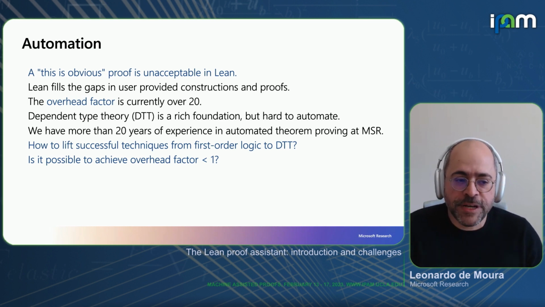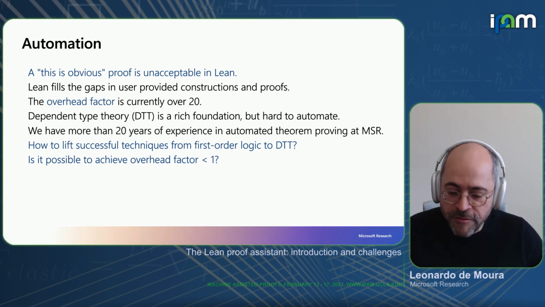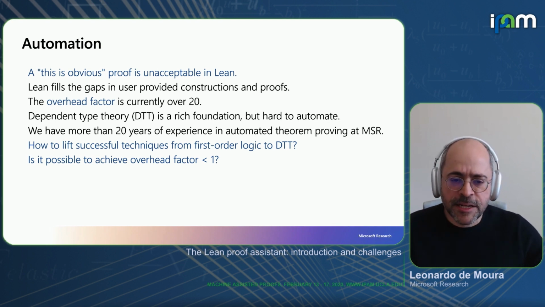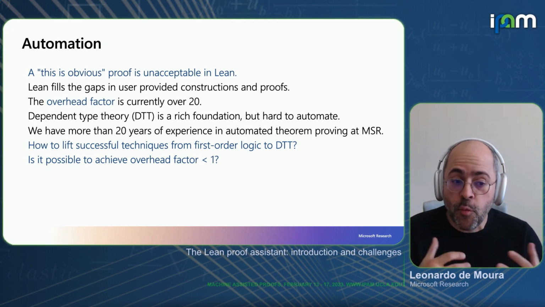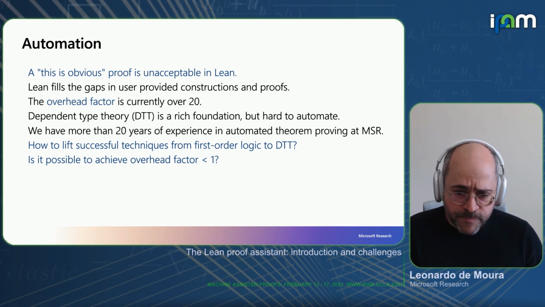The overhead factor is when you compare informal math developments with the formal version. For example, for the Liquid Tensor Experiment, people estimated the overhead to be 20, right? It's really high. By reducing the overhead, you make the technology more attractive to a bigger audience. We have a lot of experience in automation, but dependent type theory is very challenging.